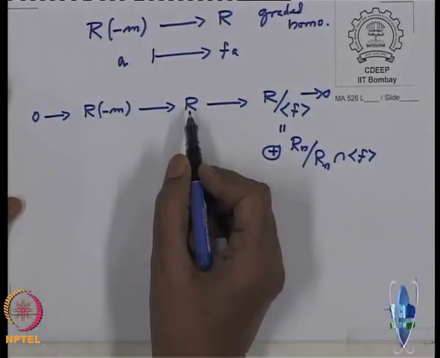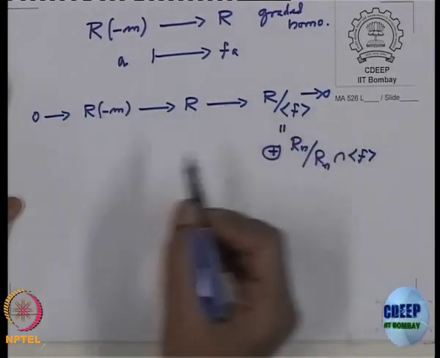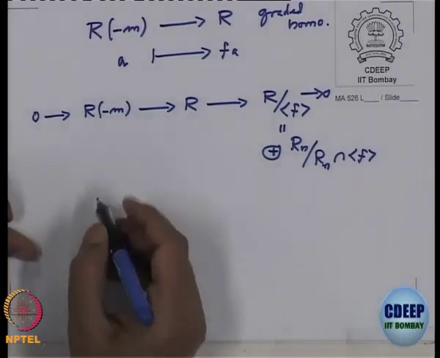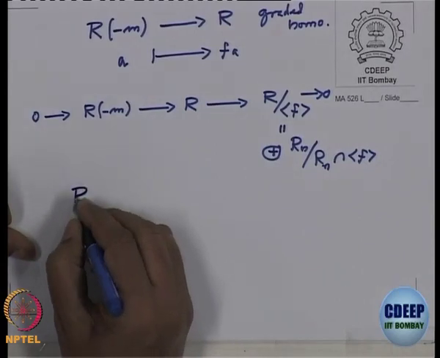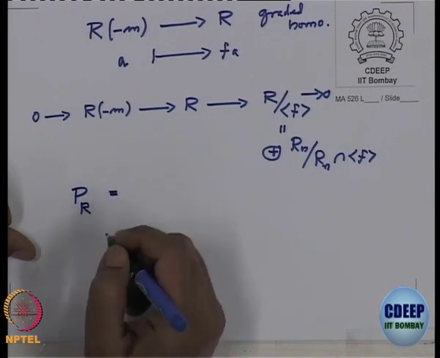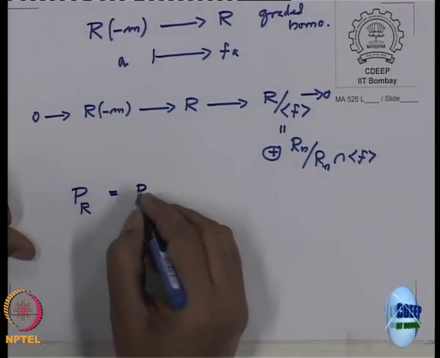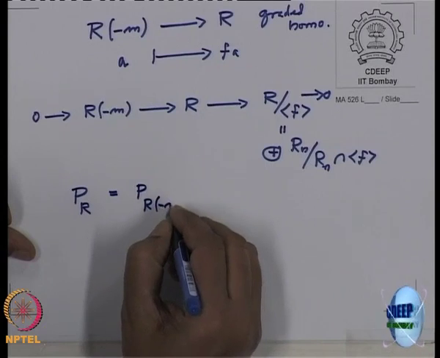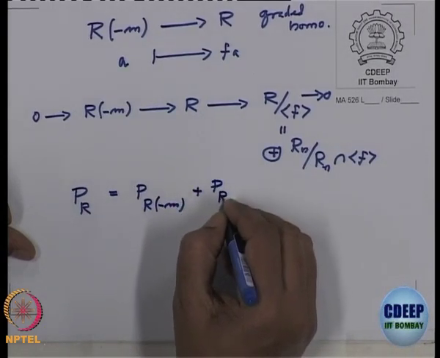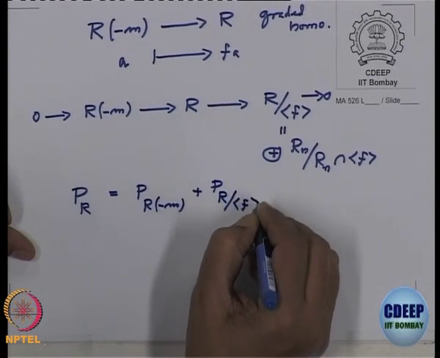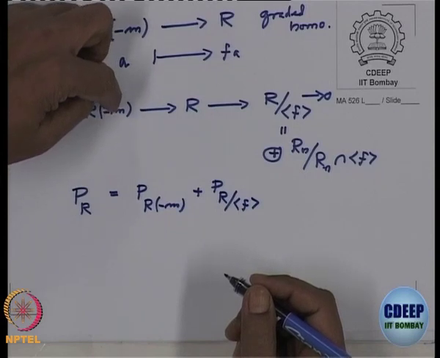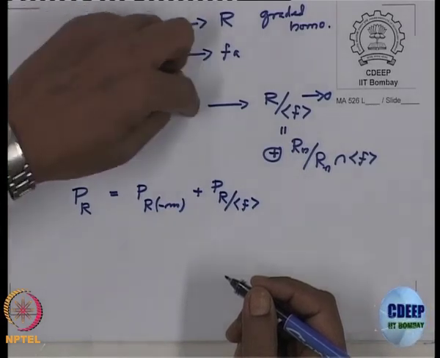the Poincare series here, the alternating sum, is 0. So, that means the middle one, P_R, is equal to P of this plus P of R by f, because the alternating sum starts with plus, minus, plus.